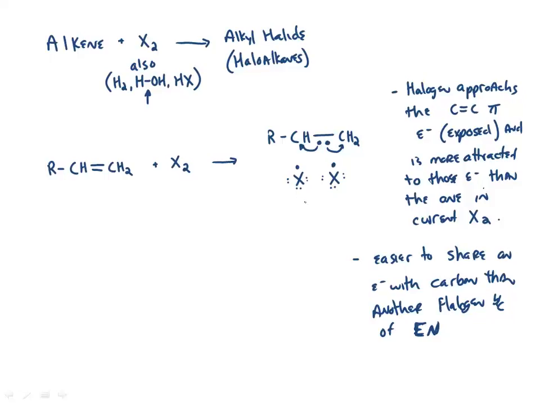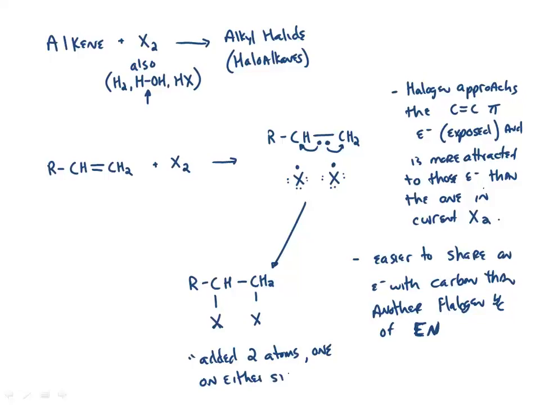So if we continue this, and you can draw it off to the side, up, down, however you want, what we end up with is forming a new bond between each of the carbons and one of the halogen atoms. And so we've basically added 2 atoms, one on either side of the carbon-carbon double bond.